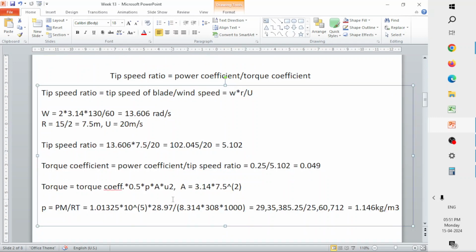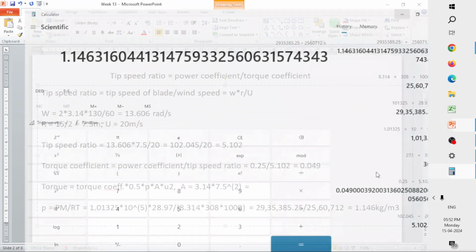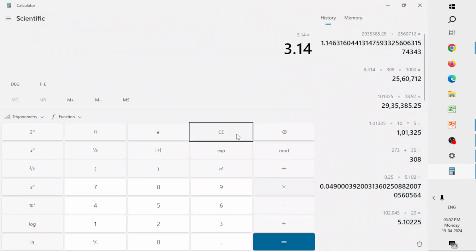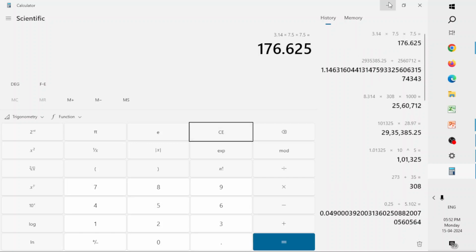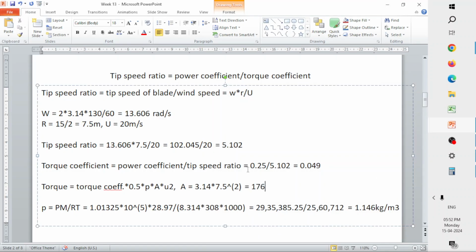Now we have all the values in our hand. We have the torque coefficient that we calculated as 0.049. We have rho, that is 1.146. We have A, that is 3.14 into 7.5 square, which is 176.625 meter square. So we can just substitute.